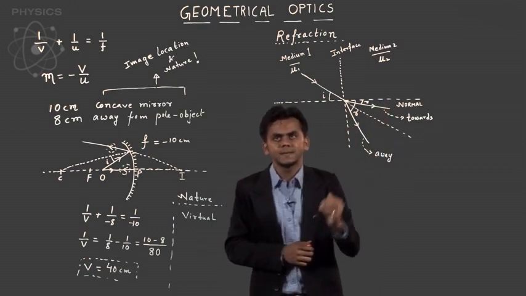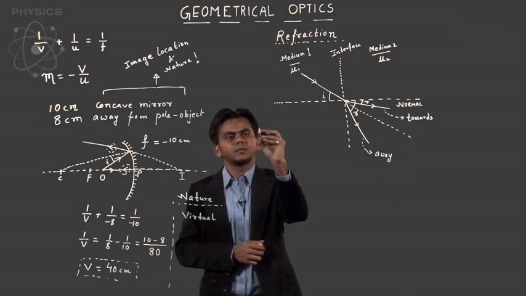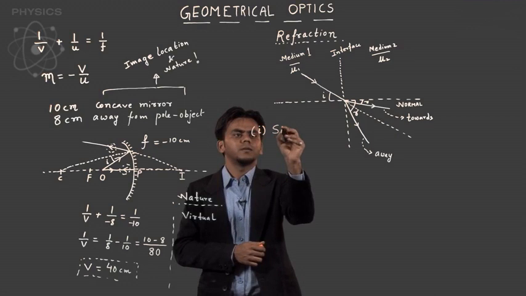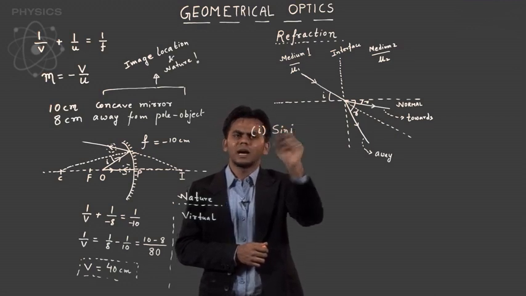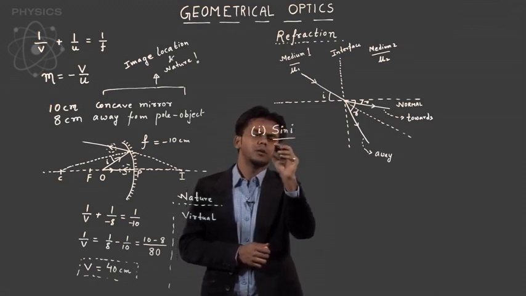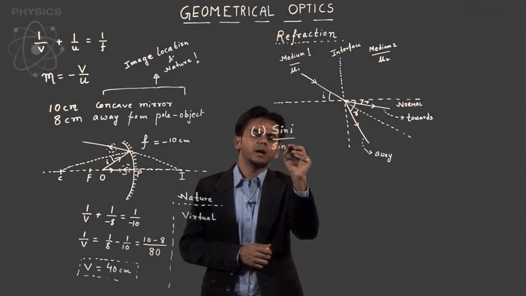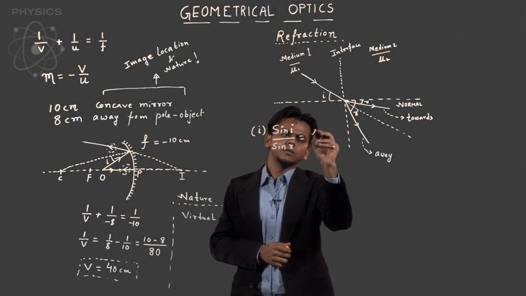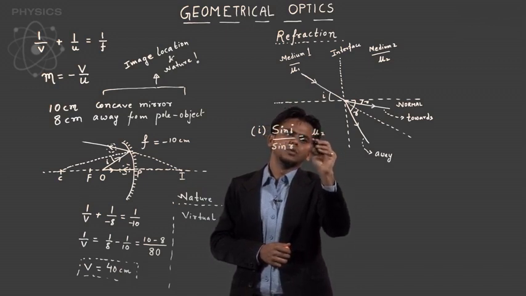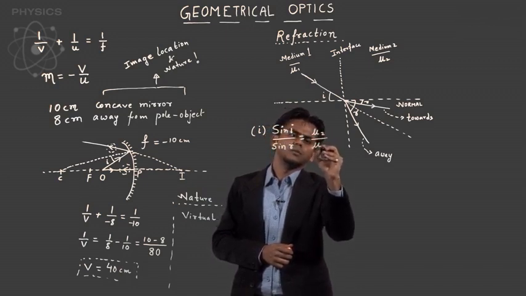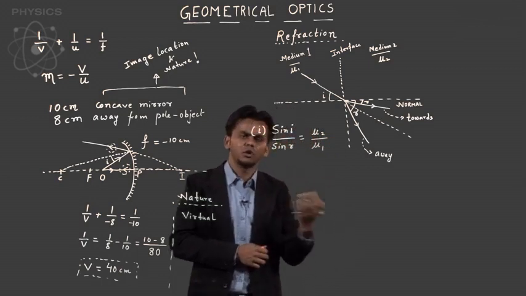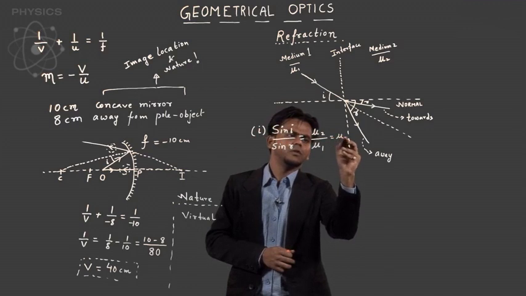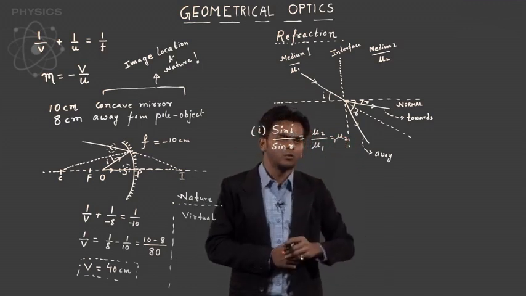So the first law says sine of I upon sine value of R is equal to mu2 upon mu1, which in books you would find as mu of 2 with respect to 1.